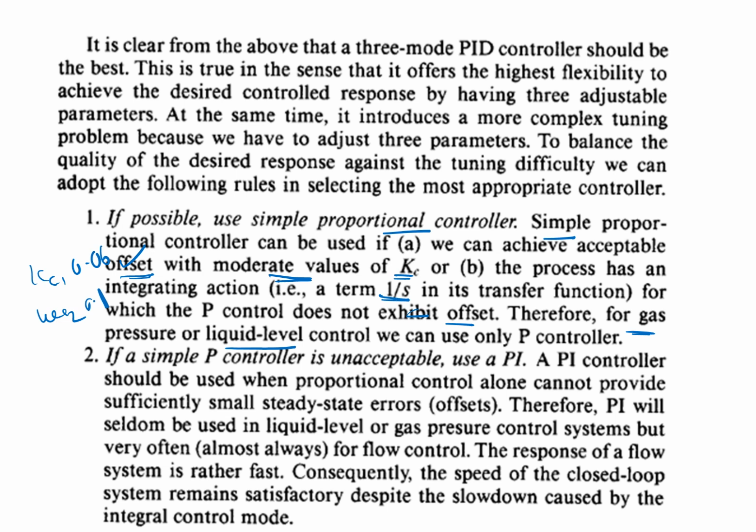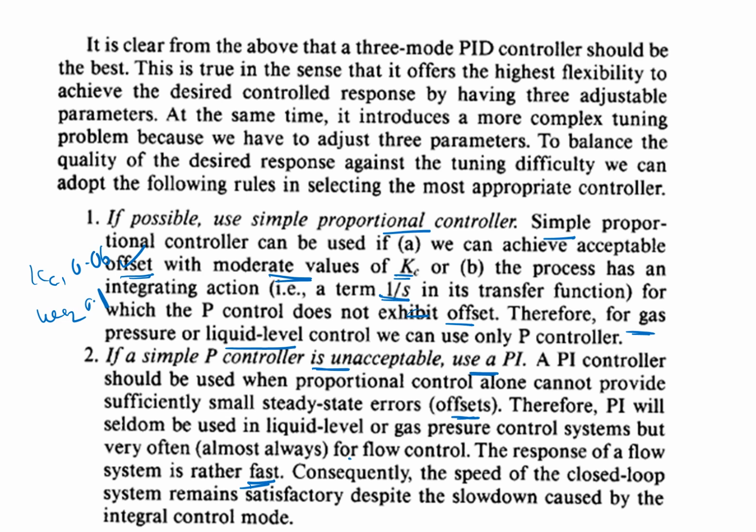Okay, next, suppose you are not okay with the proportional controller, then use PI. The next option is PI. In the PI controller, offset will be 0, but this produces more overshoot. This PI controller is a faster process.